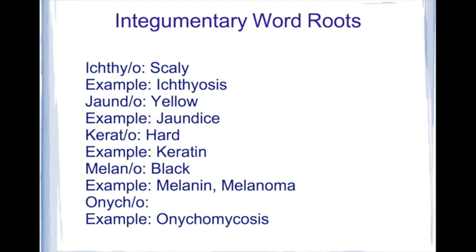Onychomycosis. Well, myco, I know we did not go over this one, but myco means fungus. Osis means condition. So it's a fungus that you find somewhere on the body that has to do with the integumentary system. Onychomycosis can be associated with athlete's foot.